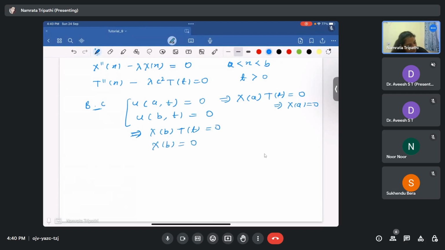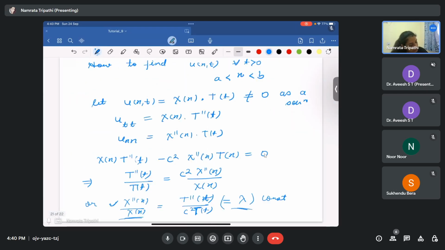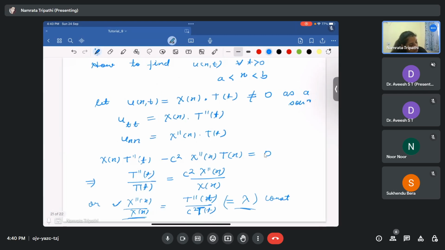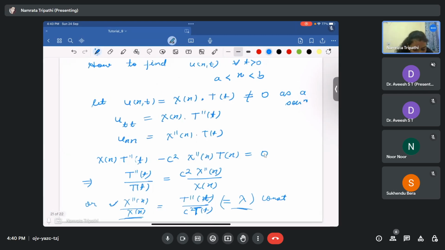Now you can use this expression with this condition, and you can get the value. For any given type of boundary condition, you can put the value and you will get the expression.